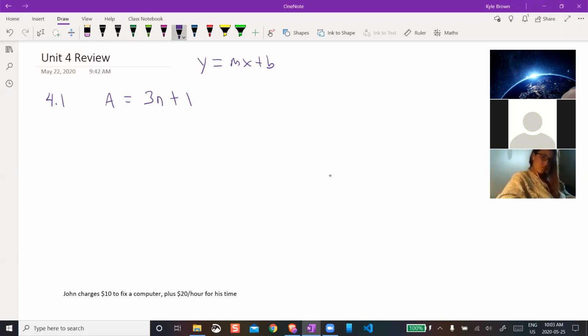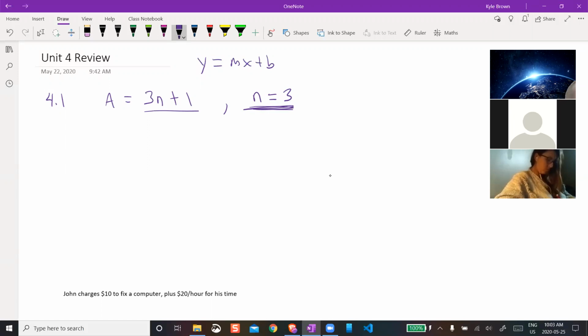And then I said, n is equal to 3, right? What's A equal to? Well, this is just a matter of plugging in what we know. So now n is equal to 3, right? n and 3 are the same thing. So I can just throw in 3 in place of everywhere that there's an n in this equation.